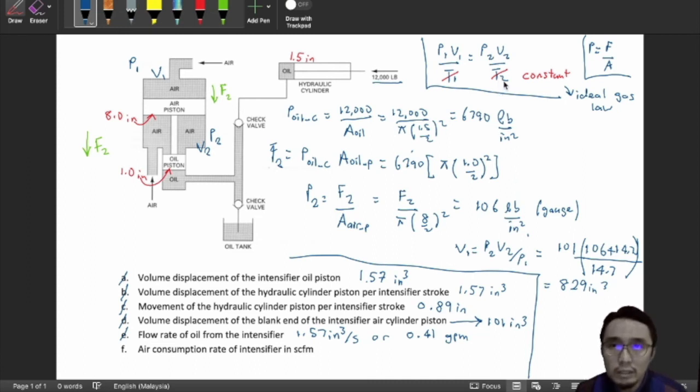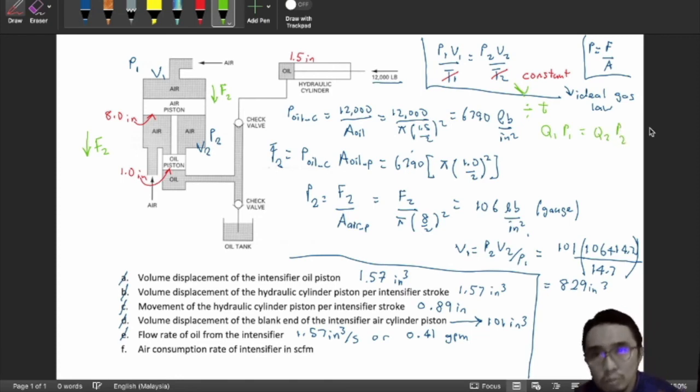If you just want the flow rate, just divide by time, so you would have Q1 P1 is equal to Q2 P2.